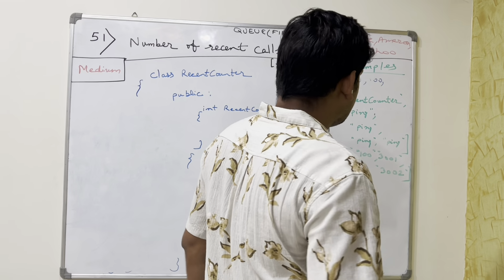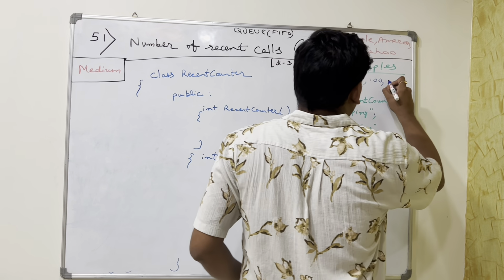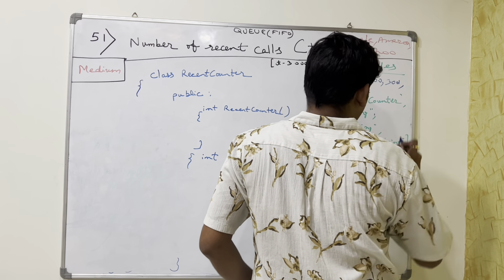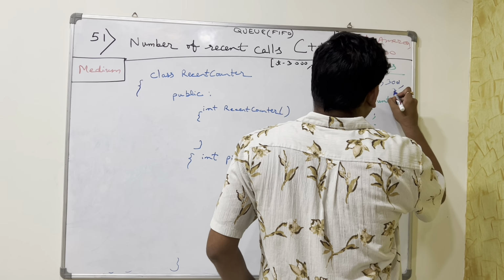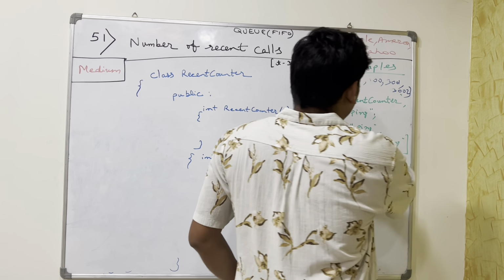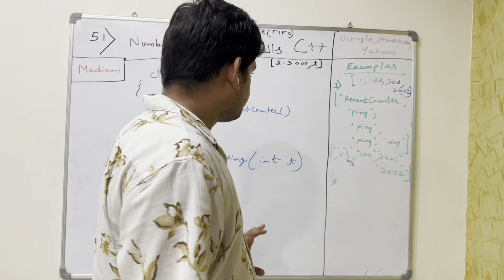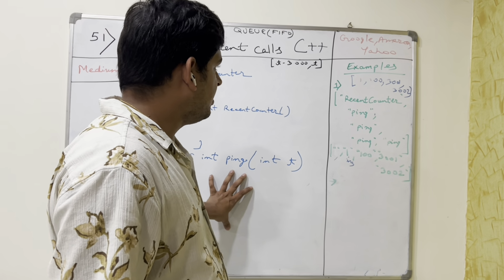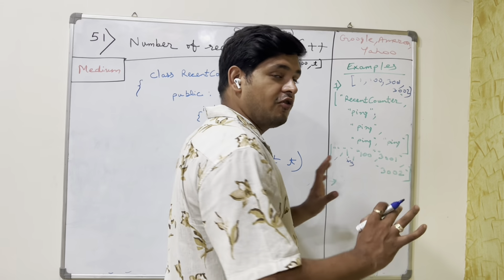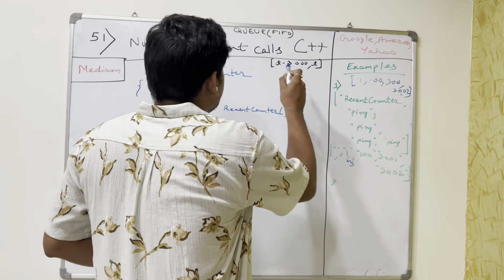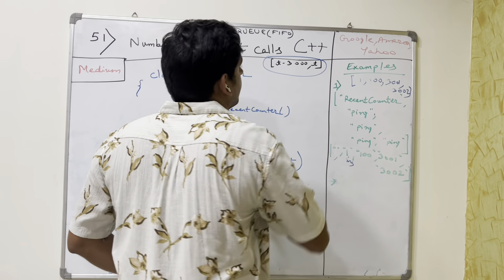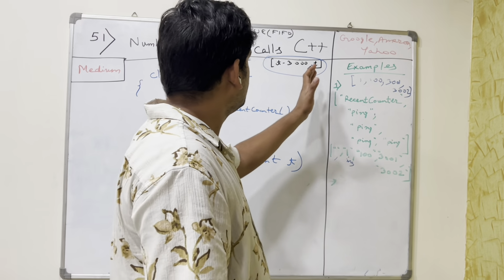Okay, so after that another call goes in 3001 millisecond, and after that the other call goes in 3002 millisecond. Okay, now this ping function will return the number of calls that has gone between this time frame, t minus 3000 to t.